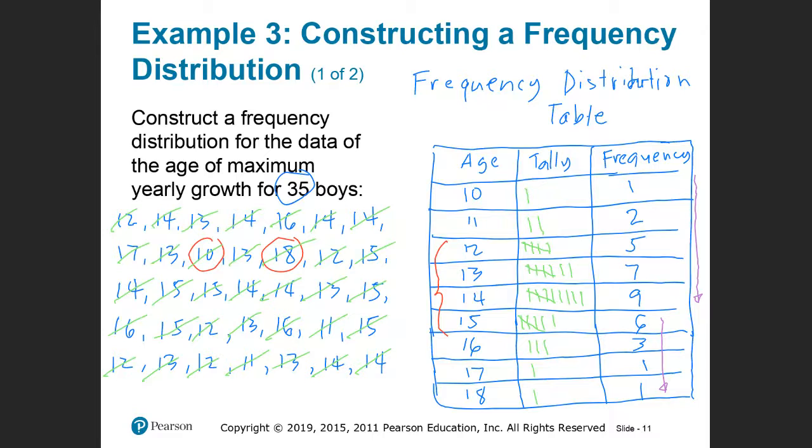And you can total that at the bottom, and the total should be equal to 35, which we have as a given one. Okay, and that's how you make the frequency distribution table.